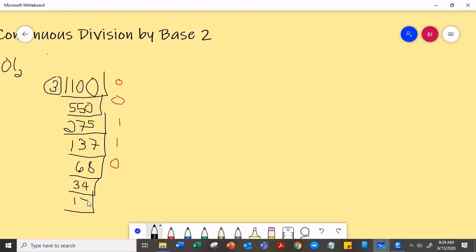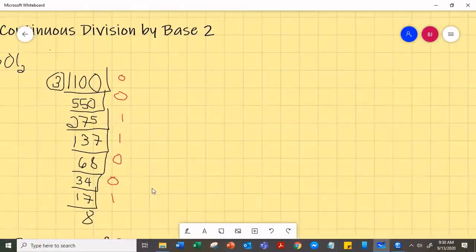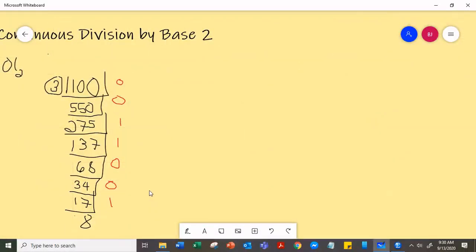Then 17, 0 remainder as well. 17 divided by 2 would be 8 with a remainder of 1. Let's move 8 here. 8 divided by 2 would be 4. Remainder 0.